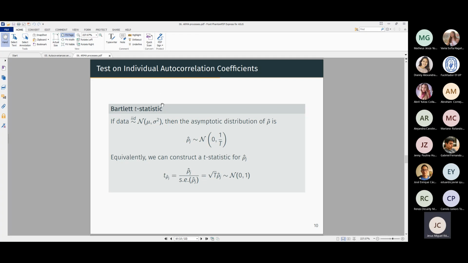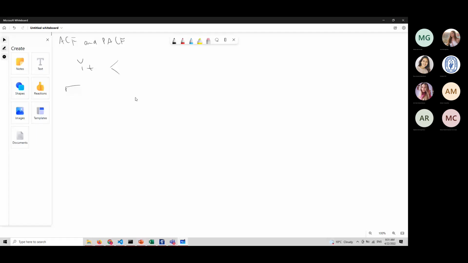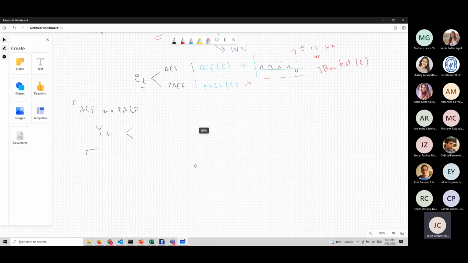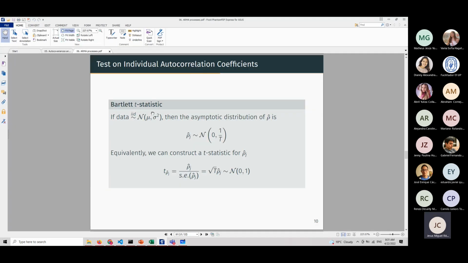We see the Bartlett test in the ACF function when you run the ACF. In the plot, these are the confidence intervals for the Bartlett statistic.